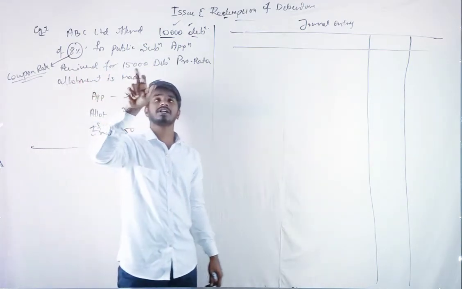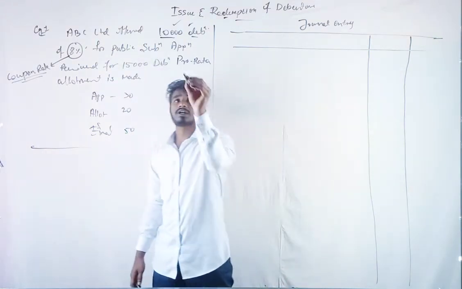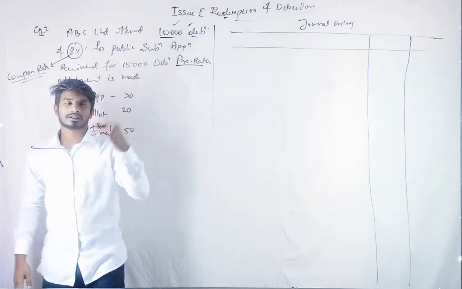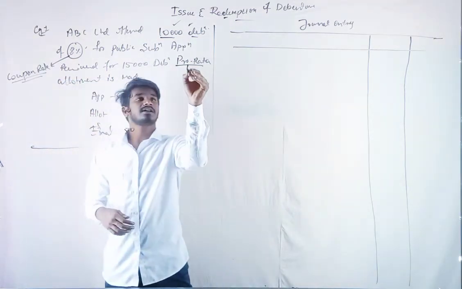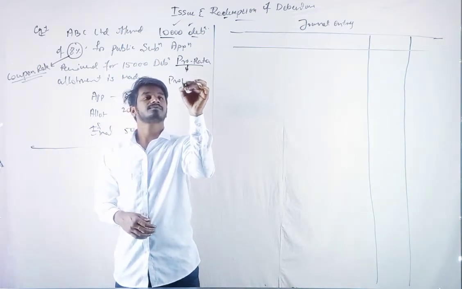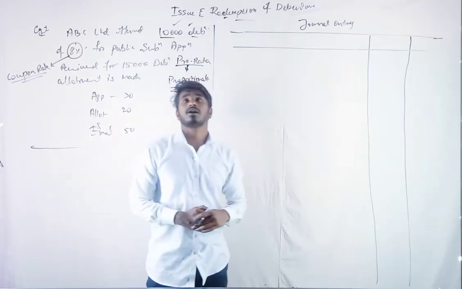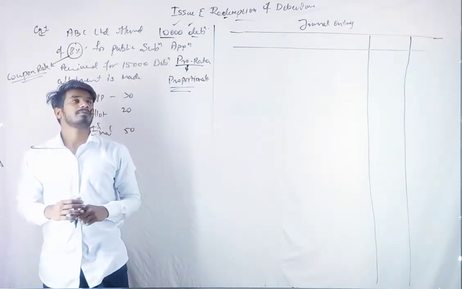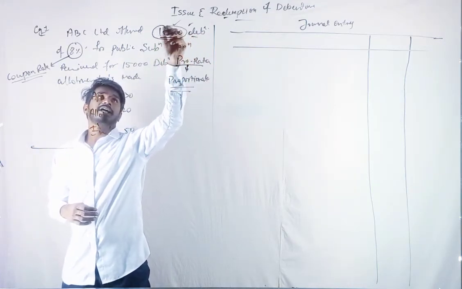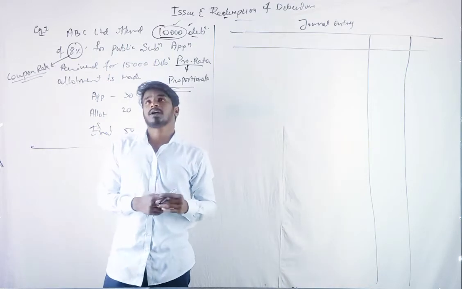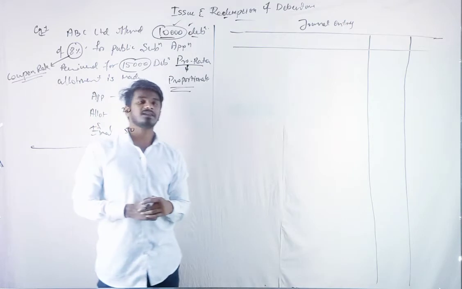Received for 15,000 debentures, pro rata allotment is made. What is pro rata allotment? You know it already. Still, we will discuss again. Pro rata is proportionate allotment. In this question, we have issued 10,000 debentures, but the public applied for 15,000 debentures.